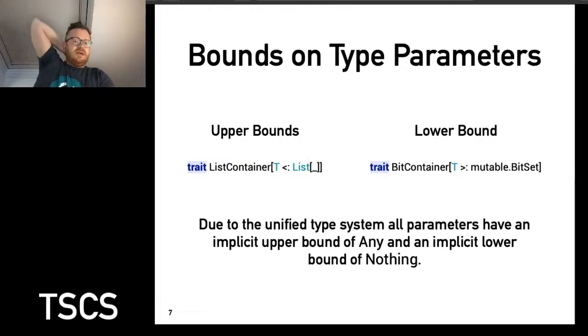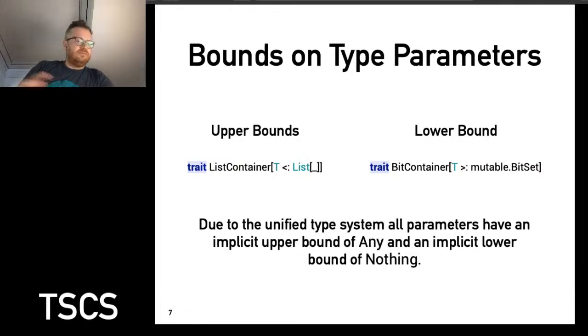So you can say this list container is defined on a type, and this type is at least a list. So it has an upper type bound. And it also has a lower type bound, which means it is a supertype of BitSet, so it needs to be in the BitSet inheritance tree at some point.